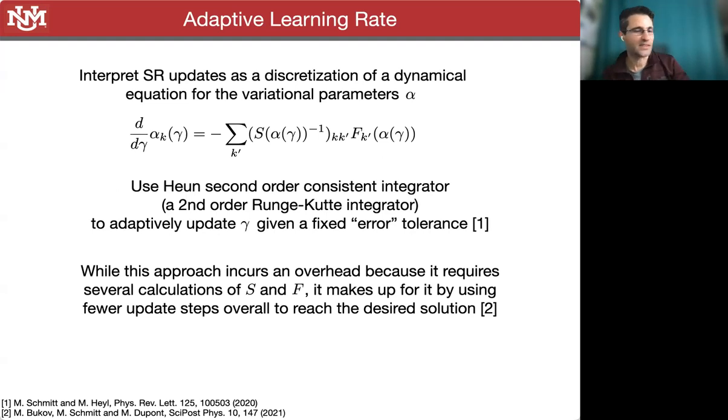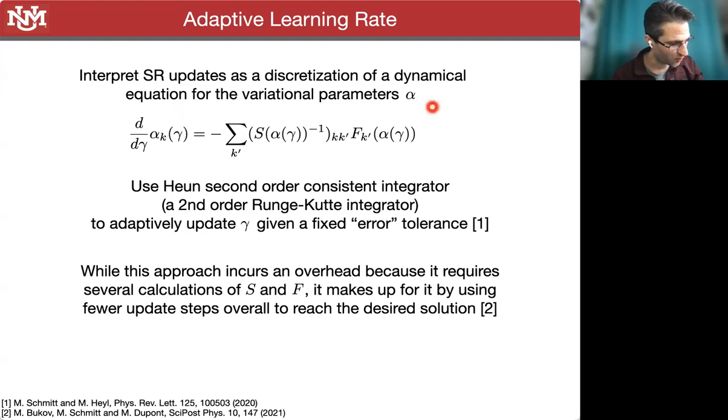Now, this is a detail for the experts in the audience. You might ask, how do you pick this learning rate, the step size in your algorithm? What you can do is interpret this stochastic reconfiguration equation as a dynamical equation. You can think of the stochastic reconfiguration equation as some discretization of a dynamical equation.